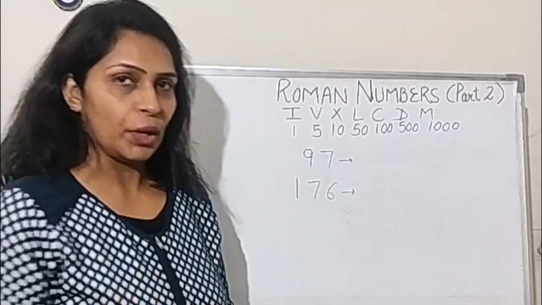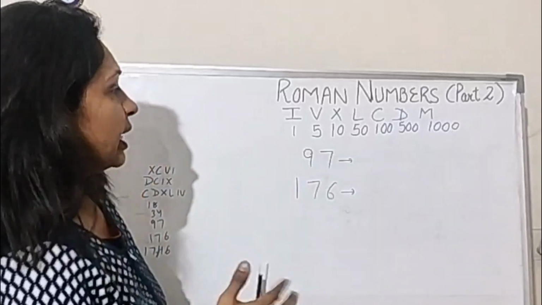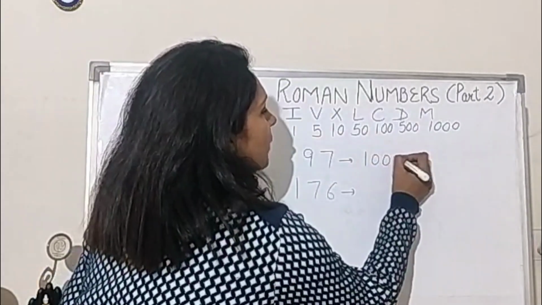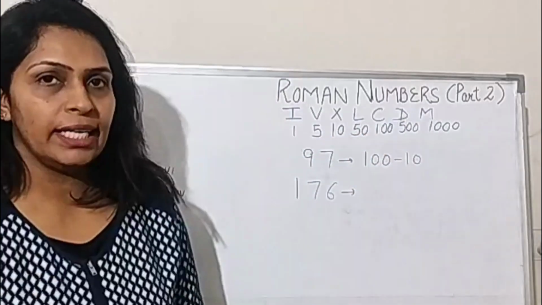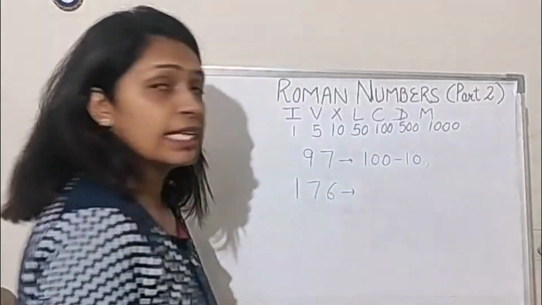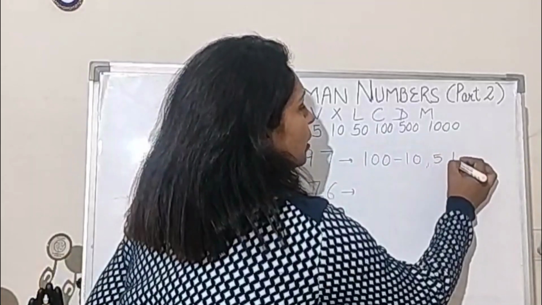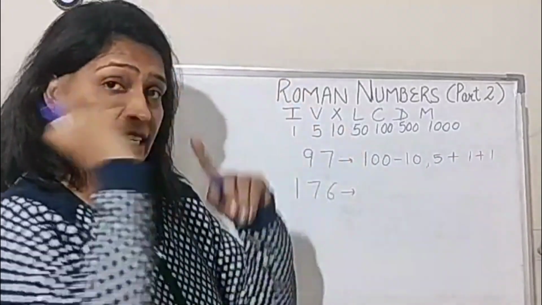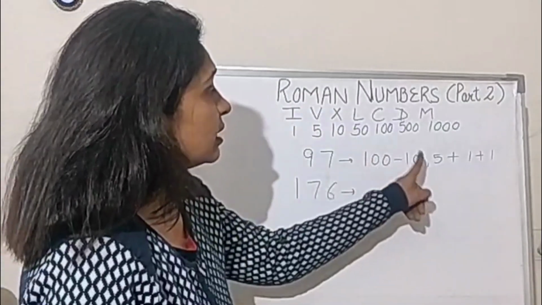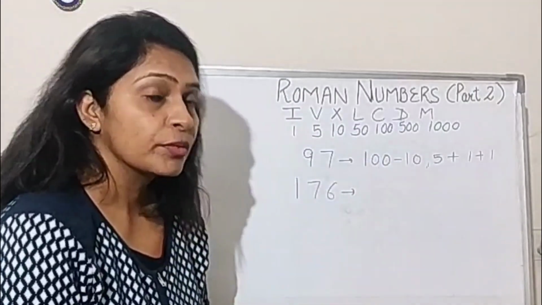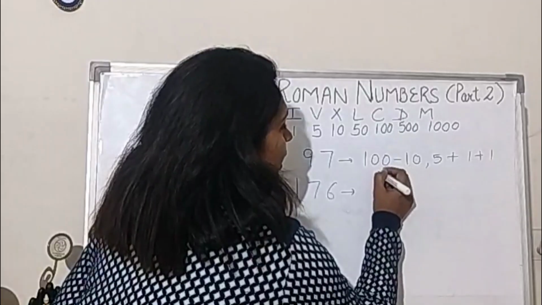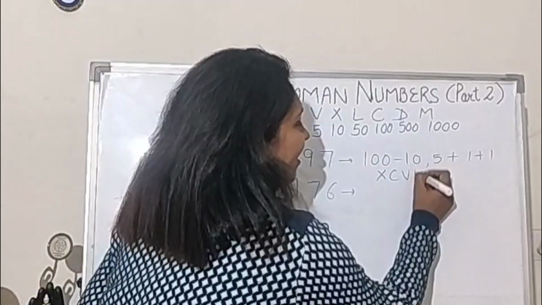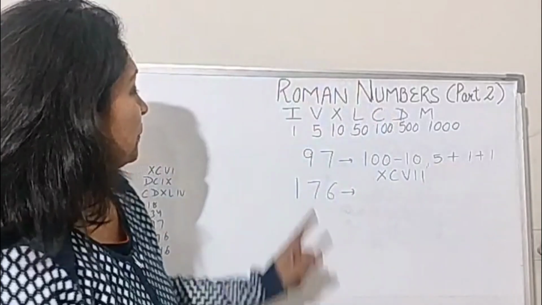97. Okay, let's check now how we can write. 90 can be written as 100 minus 10, right? And for 7, we can write it as 5 plus 1 plus 1. So 90, we have seen it previously also. 100 minus 10. So what will come? First 10 will come. That is X, C, and then V, I. Right?